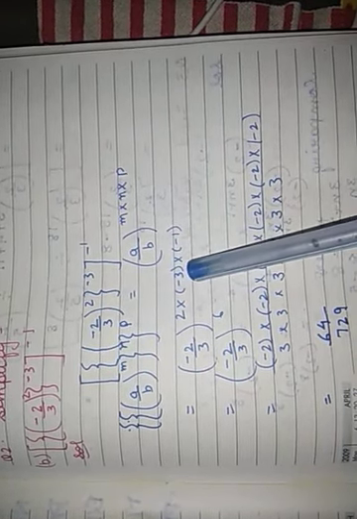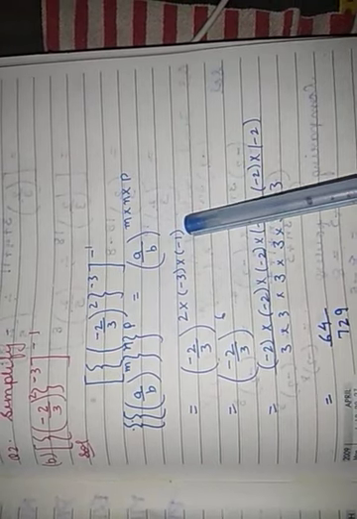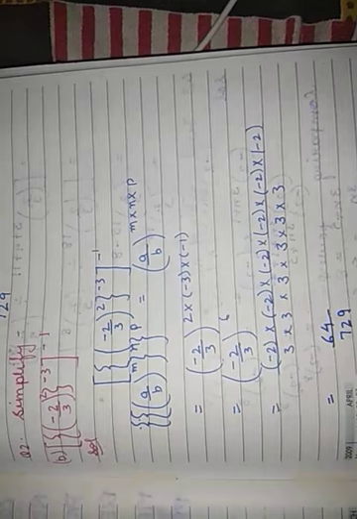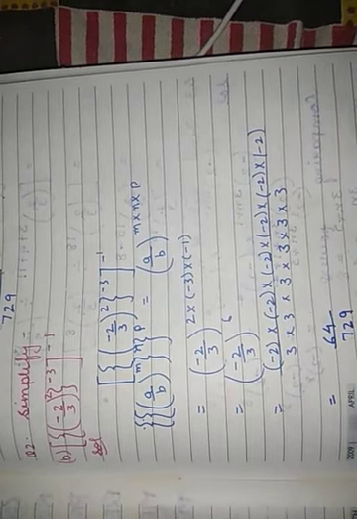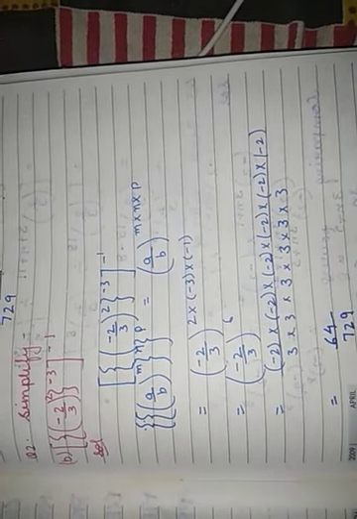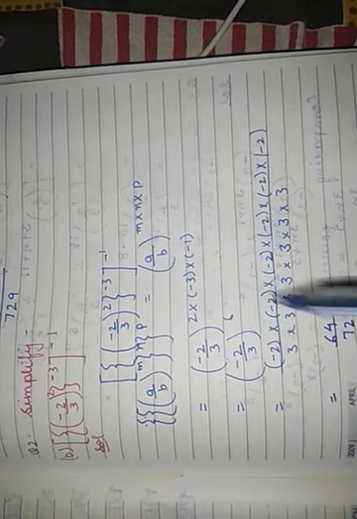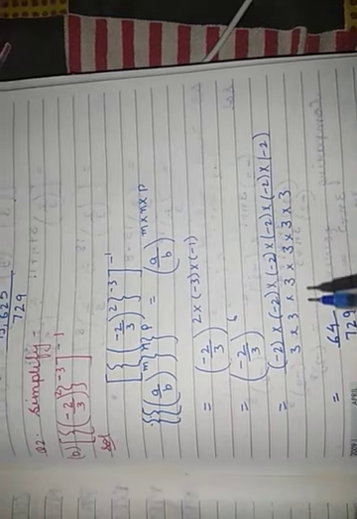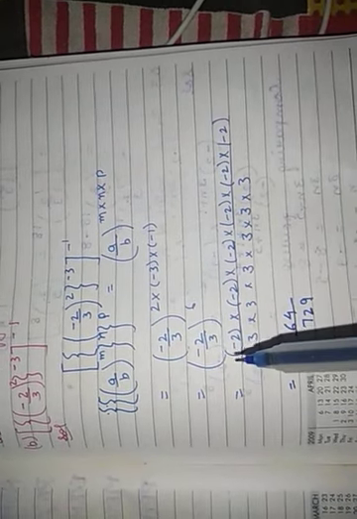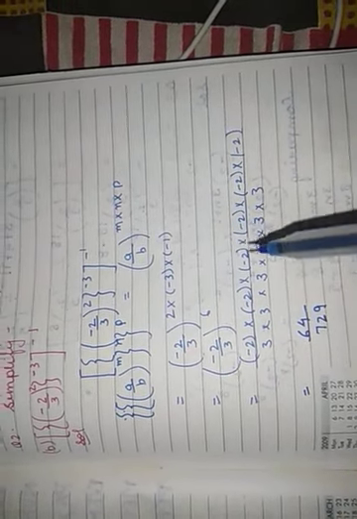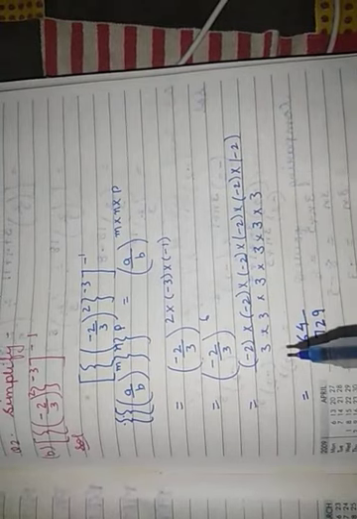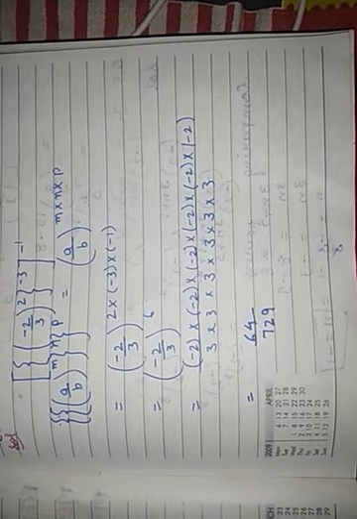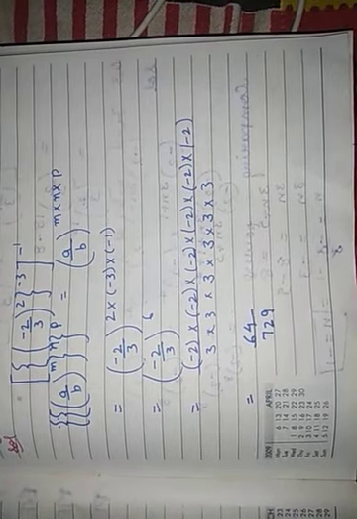So 2 3s are 6, 6 into 1 is 6, and there are 2 negative signs. So the final product of this multiplication would be a positive number. So minus 2 upon 3 raised to the power 6 is the final expression, and evaluating it further, we'll multiply minus 2 six times, and then we'll multiply 3 six times in the denominator. Solving it, we get 64 upon 729.